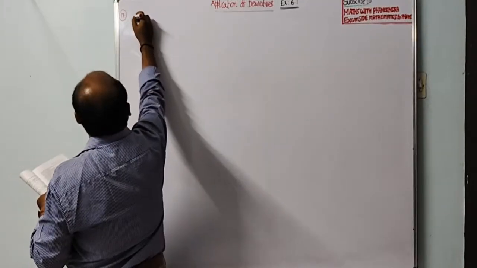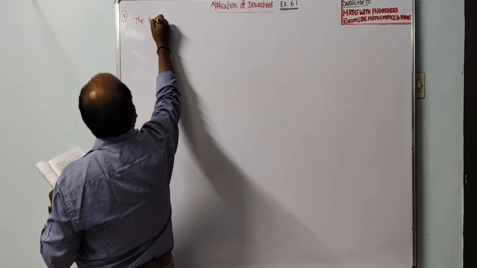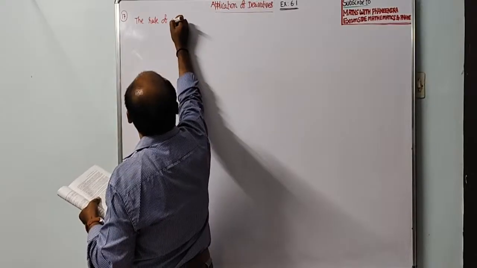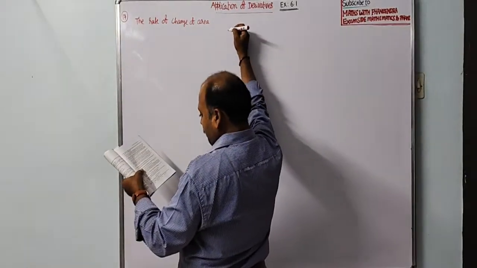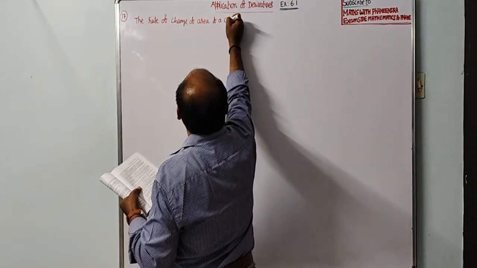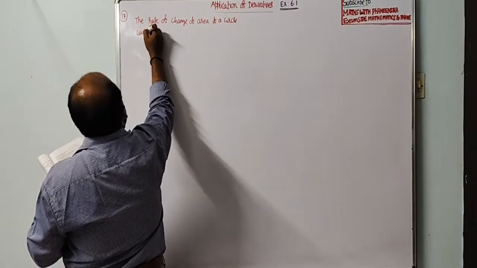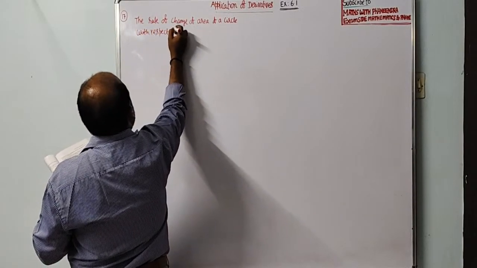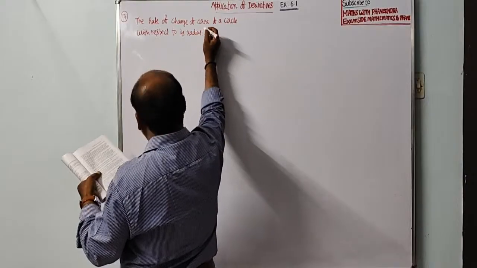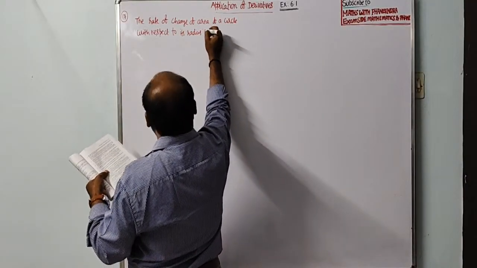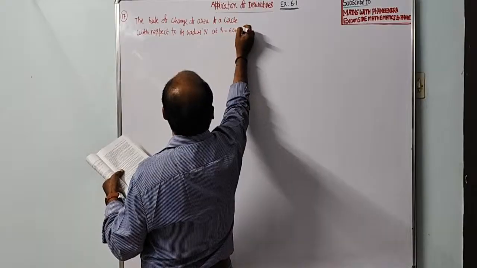Now question number 17. This is the objective question. The rate of change of area of a circle with respect to its radius r at r is equal to 6 centimeters is.